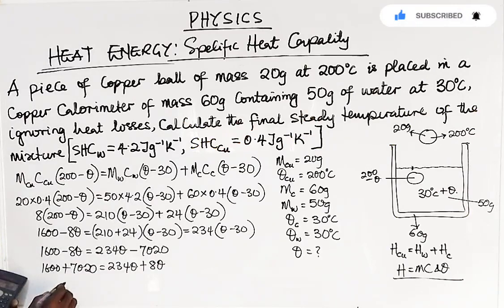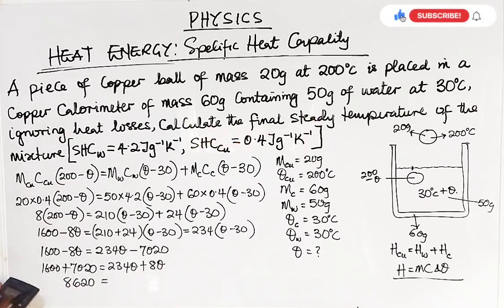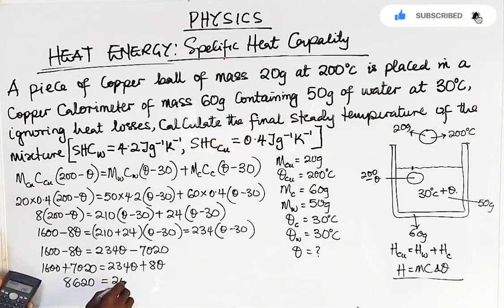For the left hand side we have 8620, which equals 234 plus 8, that is 242 theta.